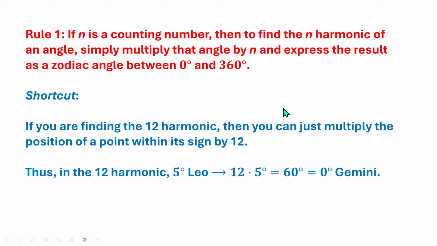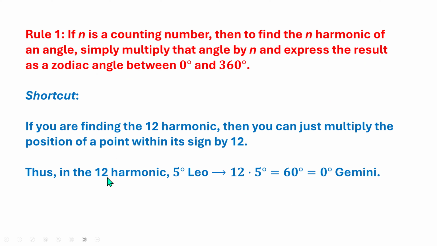Okay, rule 1 shortcut. This is very useful because there are a lot of times when I want to replace a 30-degree sign by its 12 harmonic, by an entire zodiac. If you're finding the 12 harmonic, then you can just multiply the position of a point within its sign by 12.